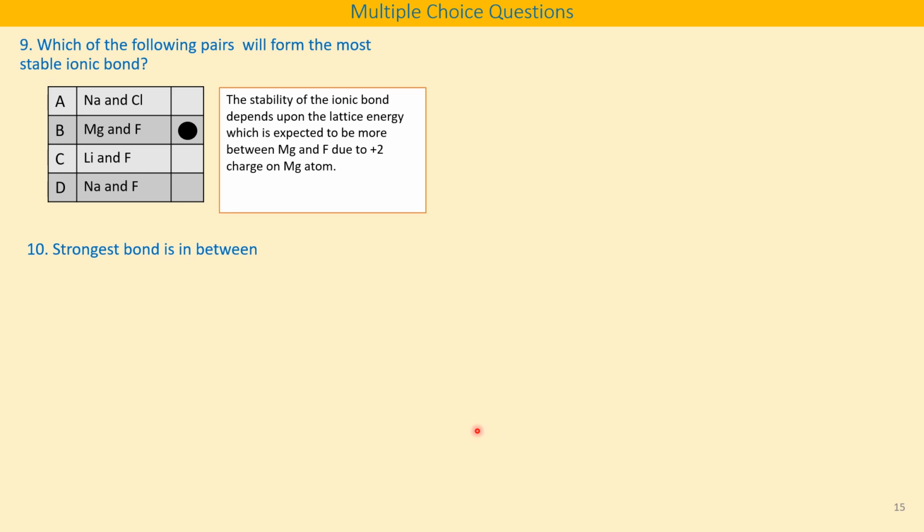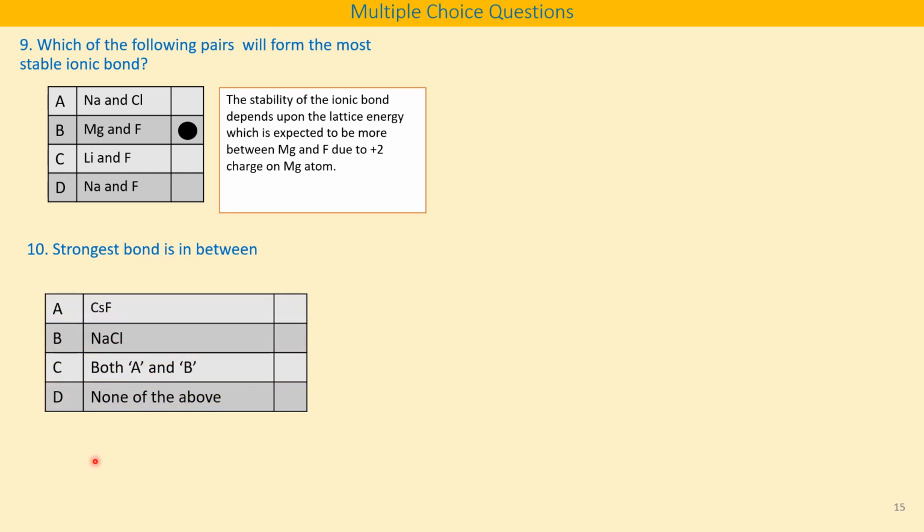Next question. Strongest bond between CsF, NaCl, both A and B, and none of the above. Which is the strongest bond? You have to identify between CsF and NaCl.